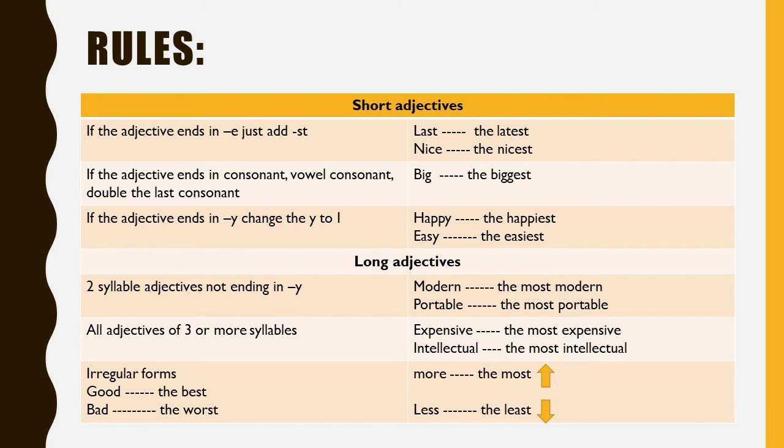But we can say iPhone is the most expensive, right? We are using a superlative adjective in this example. Also, we have irregular forms for superlative adjectives. We have good, and we use the best, and bad, the worst, right?